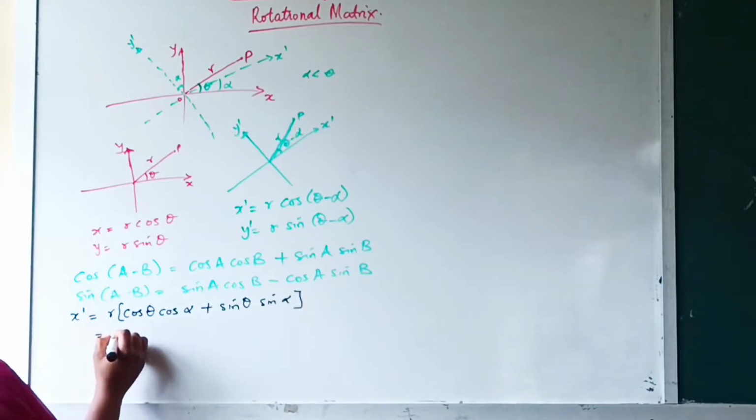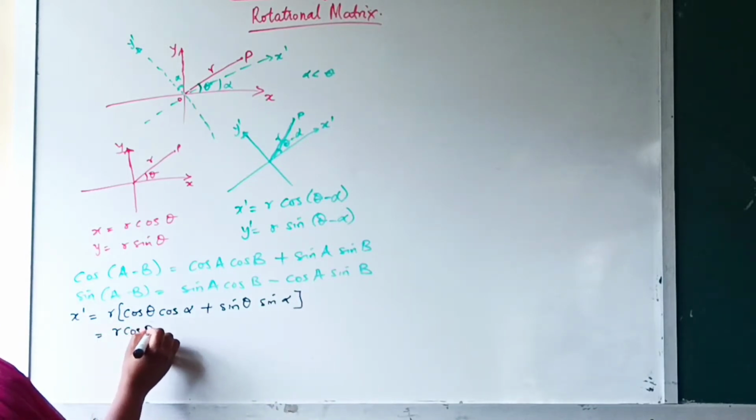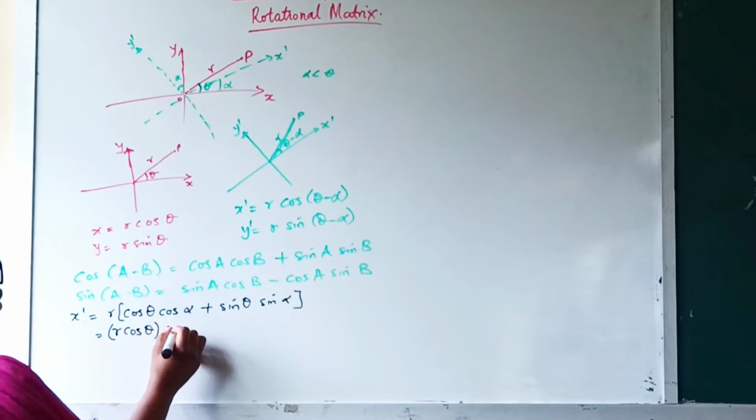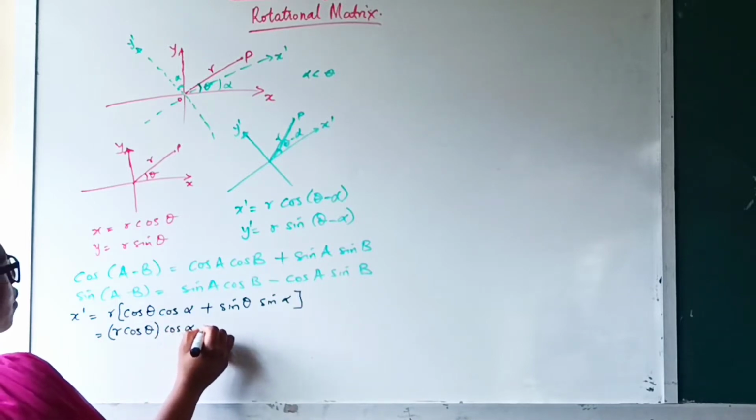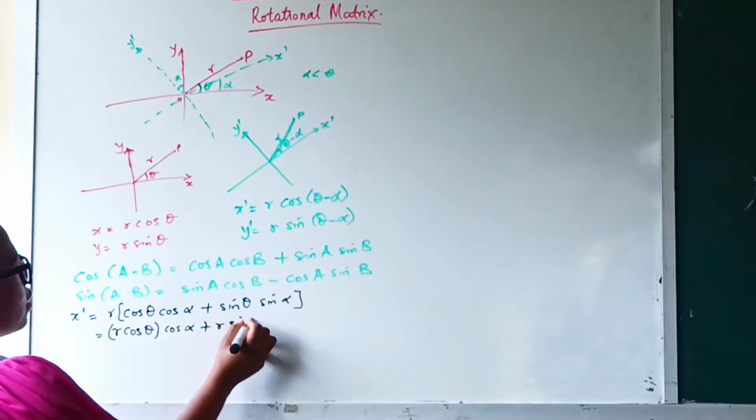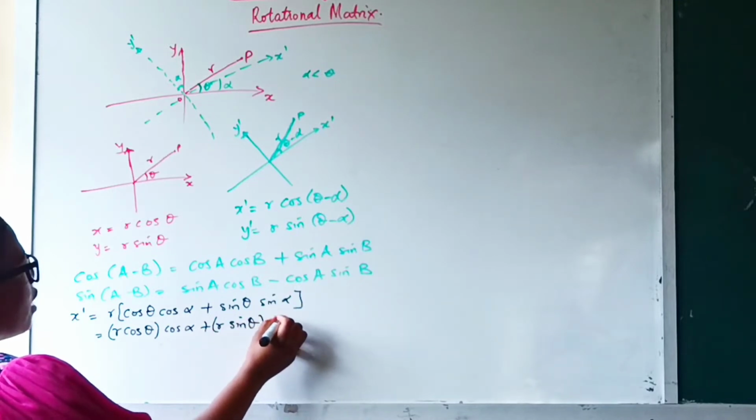And this will give us r cos theta cos alpha plus r sin theta sin alpha.